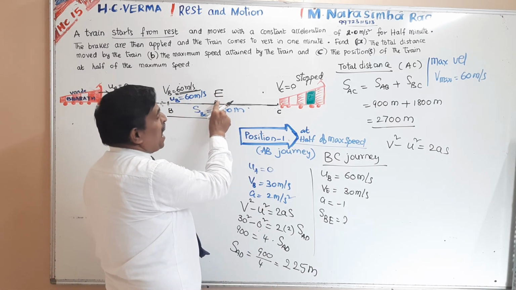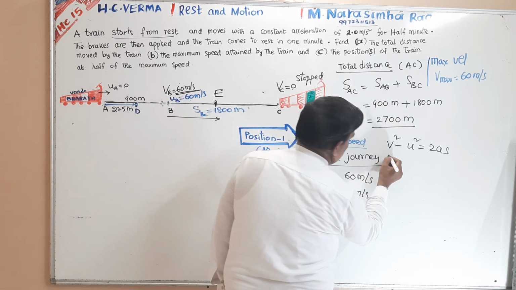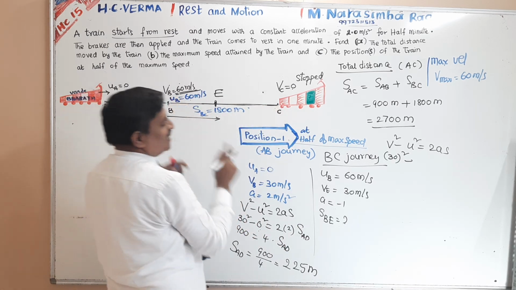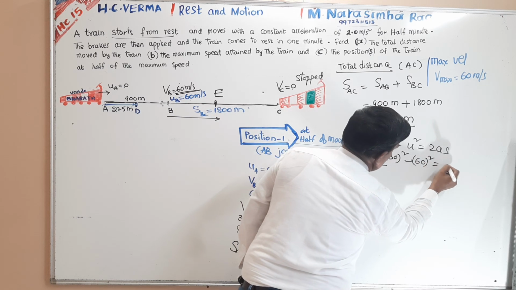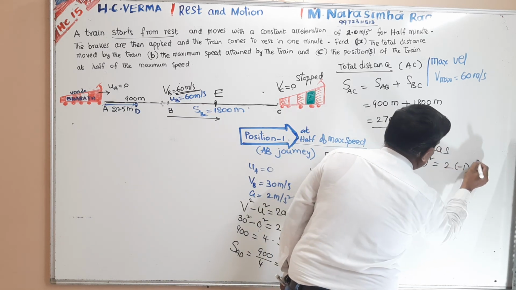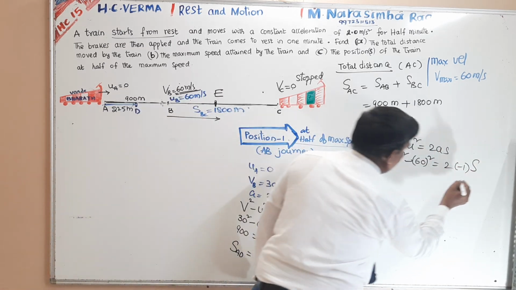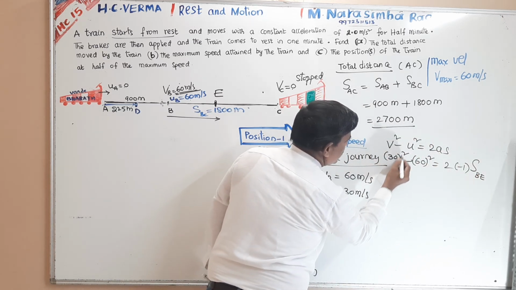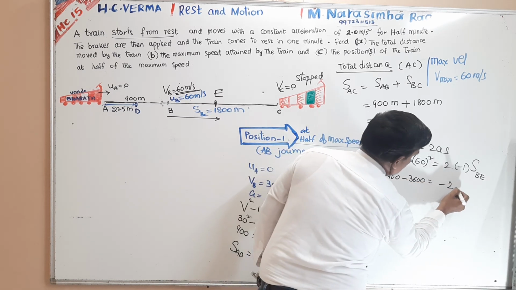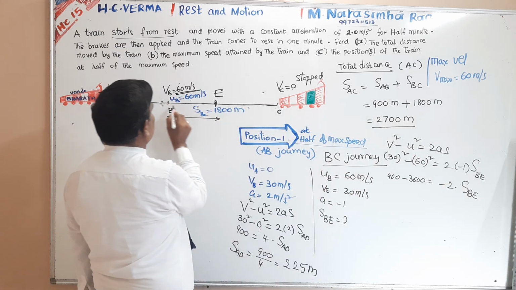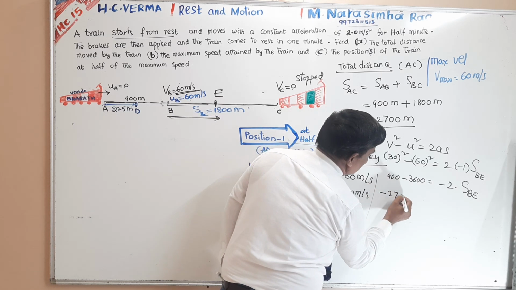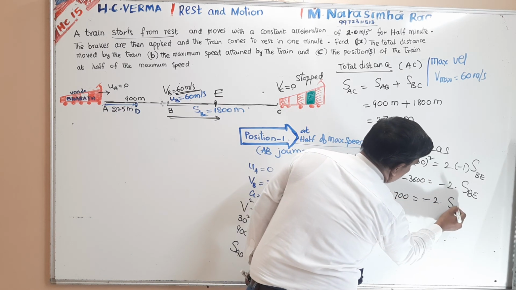Final velocity V is 30, initial velocity 60, acceleration in the BC journey is minus 1. 30 square means 900, 60 square means 3600, so 900 minus 3600 is minus 2700, equal to minus 2 into SBE.